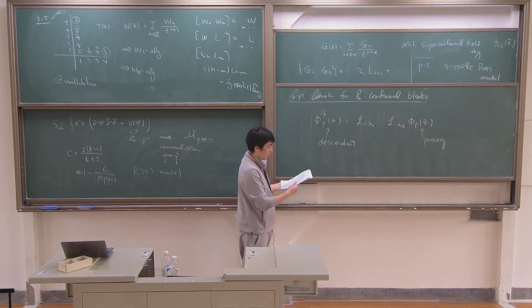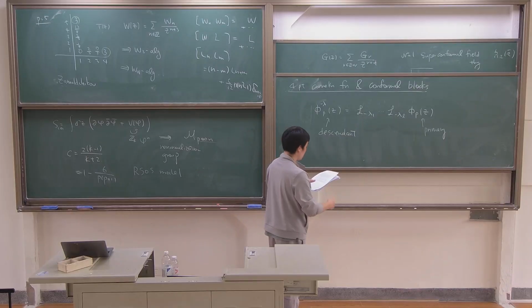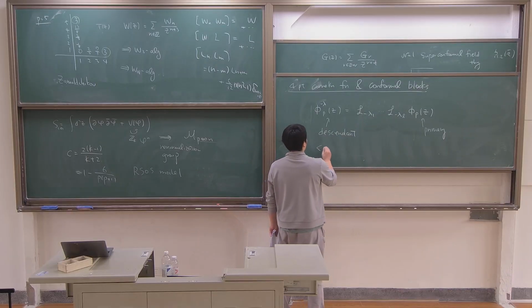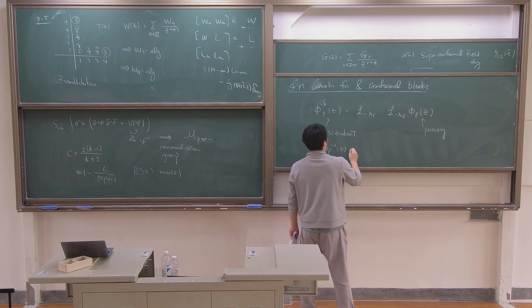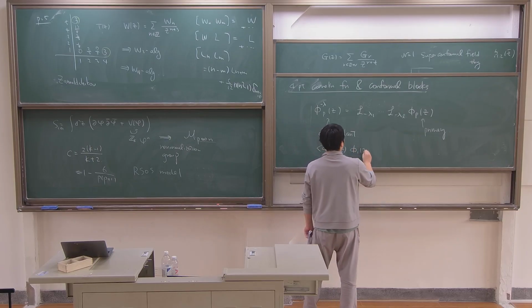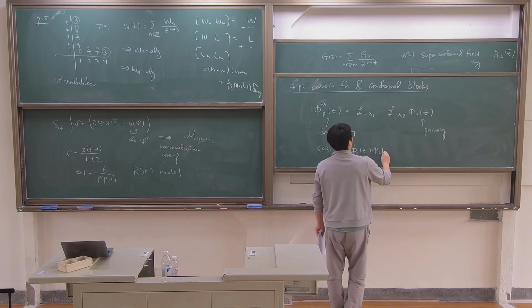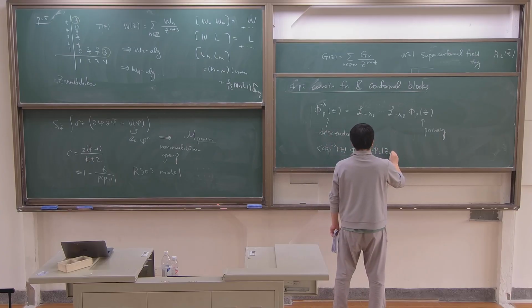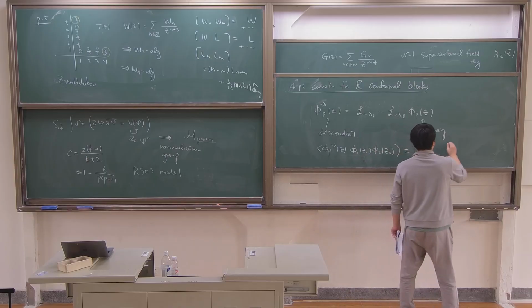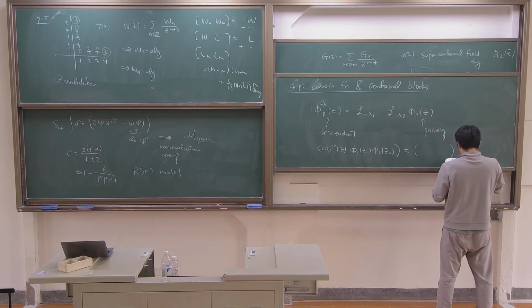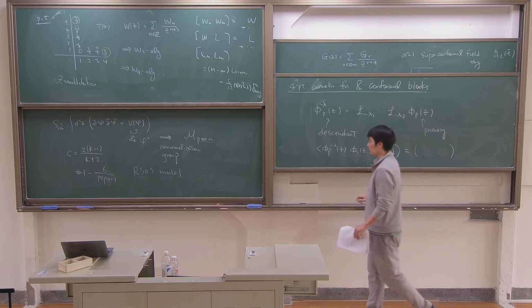And then the 3-point function, if you consider the 3-point function of this one, phi p minus lambda of z, and phi 1 at z1, phi 2 at z2, this can be obtained by some differential operator acting on the primary.